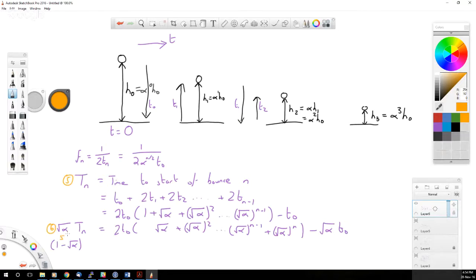So 5 minus 6 gives us (1 minus root alpha) tn is equal to 2T0 minus T0 minus 2T0 root alpha to the n, and then plus root alpha T0.